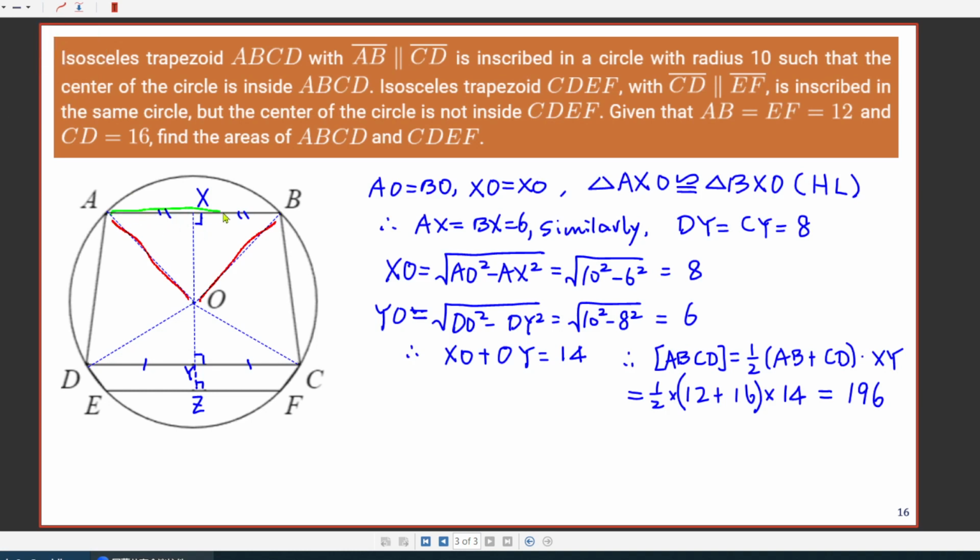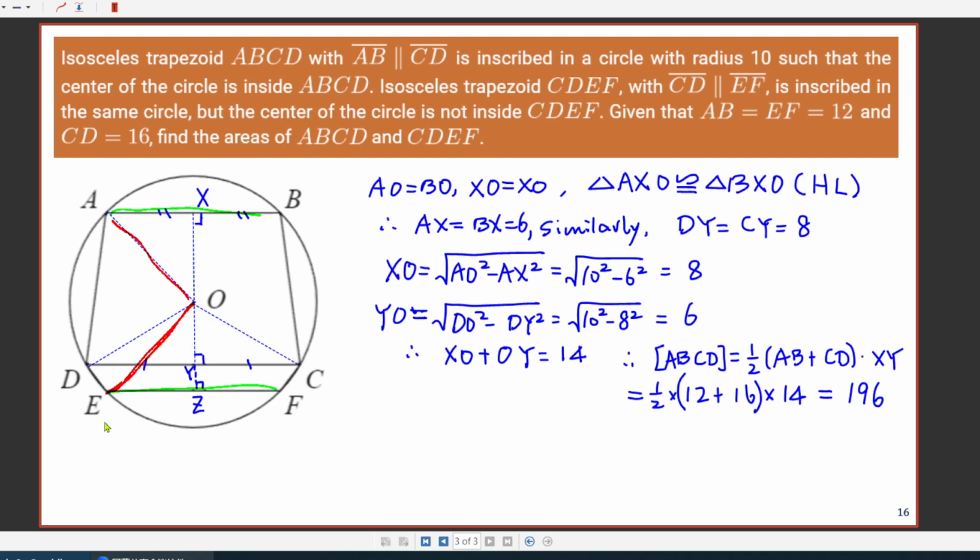Let's use a different color here. Sorry, my bad.